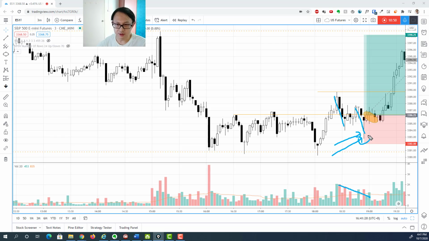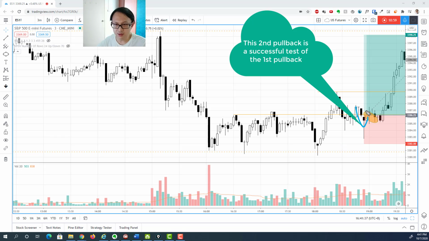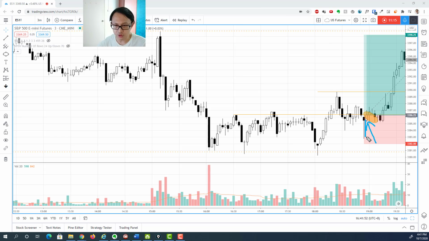It suggests that there's demand coming in, and overall the supply has been decreasing, so I believe this second pullback is actually a successful test of the first pullback. That's how I justify the supply level, and subsequently I just wait for a confirmation because I don't want the next candle to continue to the downside. Otherwise, it's likely to touch the immediate low at around 3380.